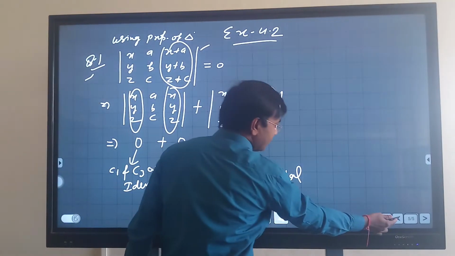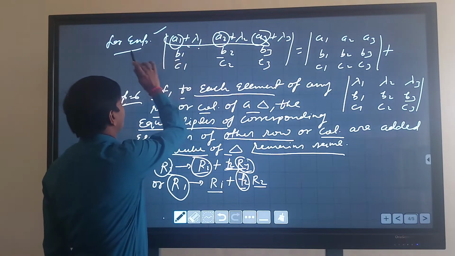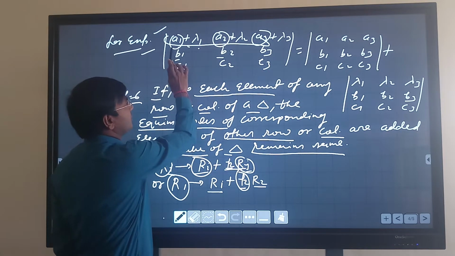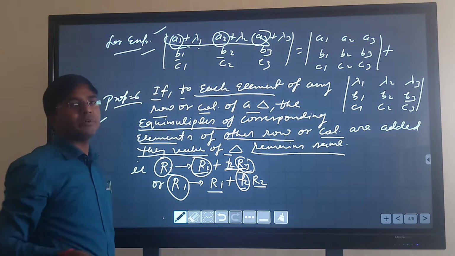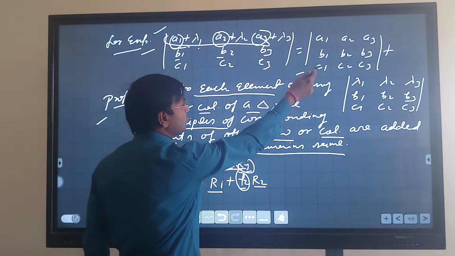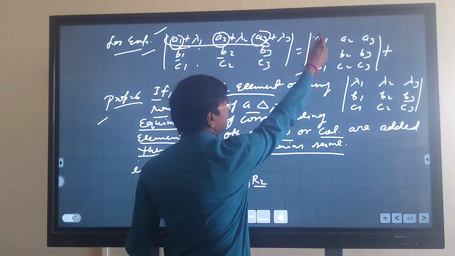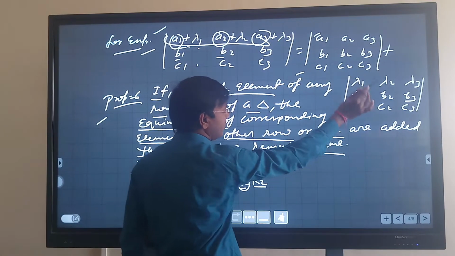Remember? Property number 5 says row, and in this question column is given. So we can expand these terms into various determinants, right? That we have expanded this determinant, first term and second term.